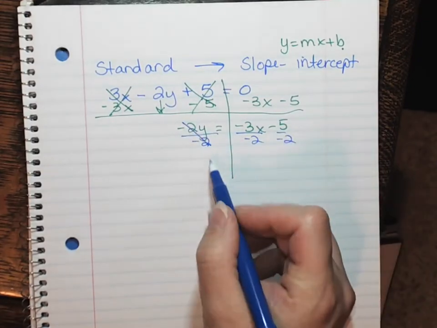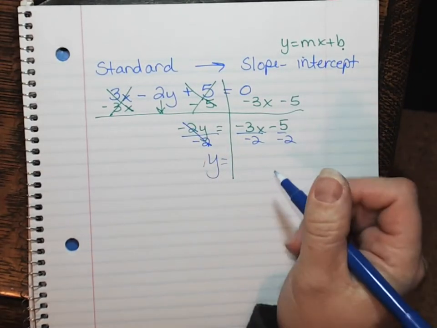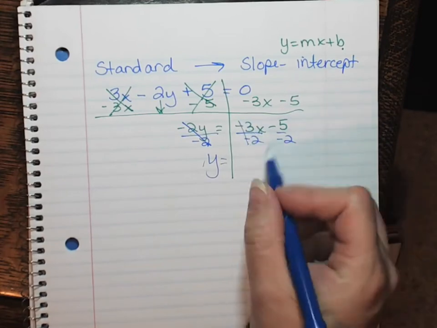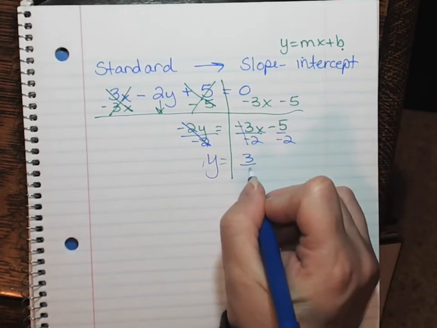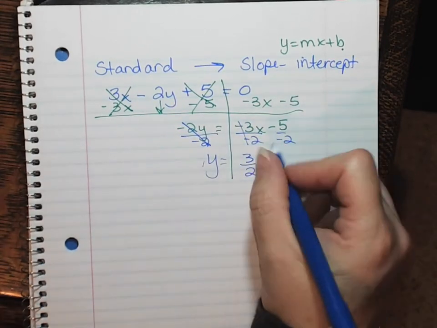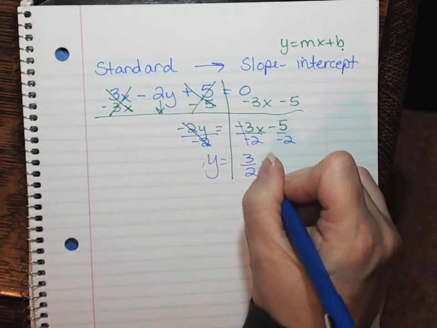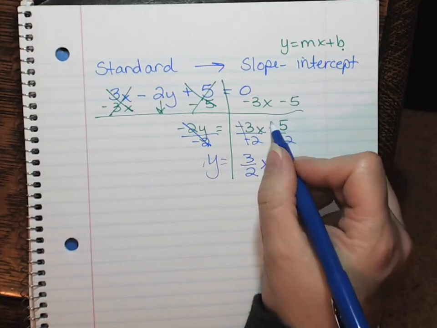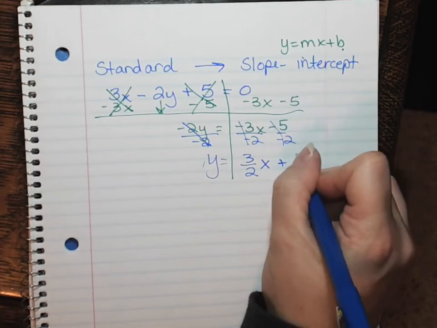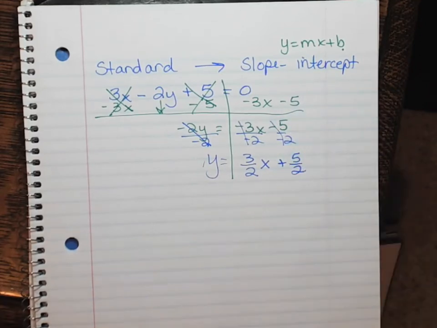Okay, this becomes y because those negative 2's cancel. These negatives cancel one another out, and I have 3 over 2 as my slope. So my rise is up 3 over 2. I have x, and then these negatives cancel out as well, and I have 5 over 2 as my y-intercept.